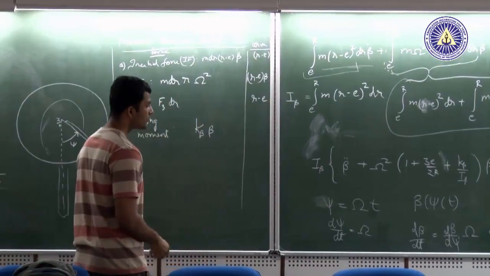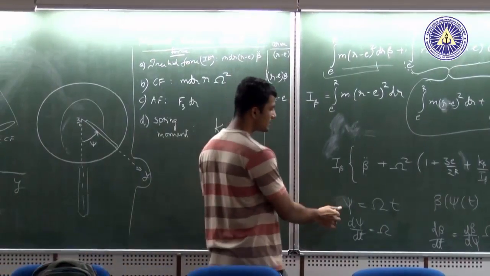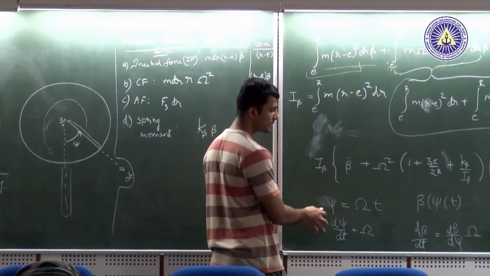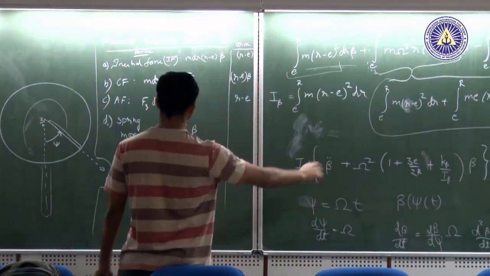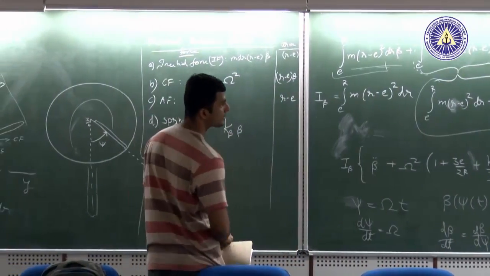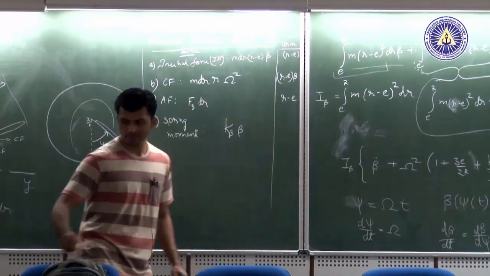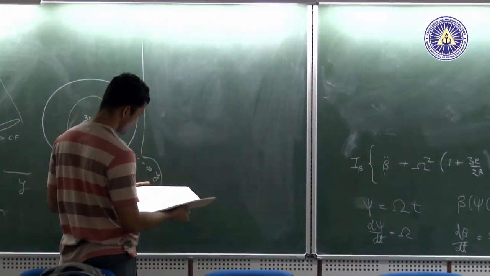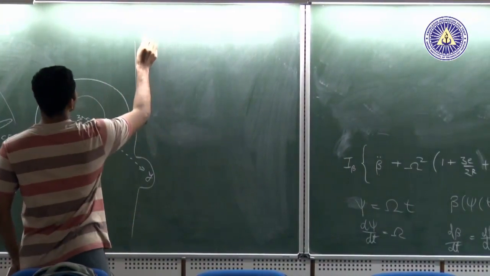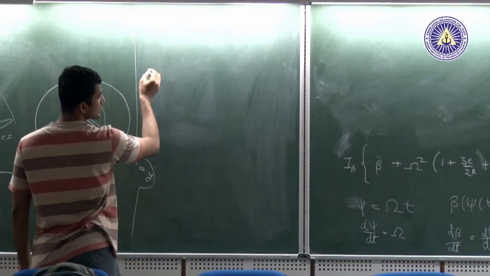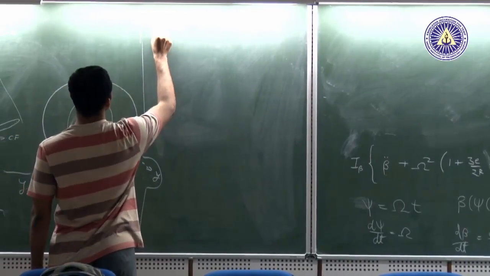So if you make this change of independent variable, then this equation changes to beta double prime.